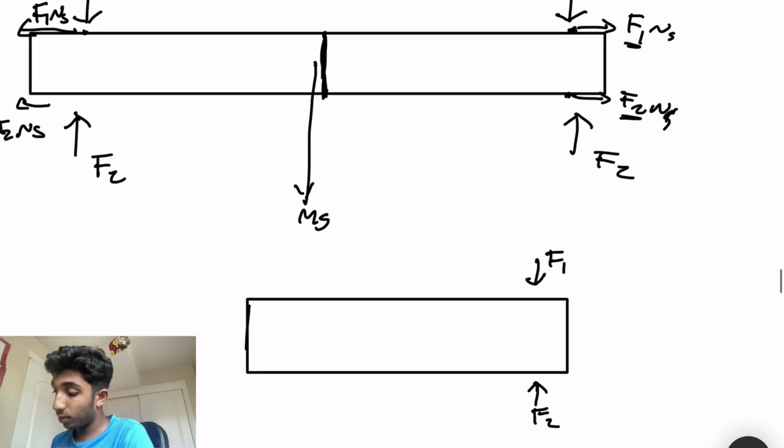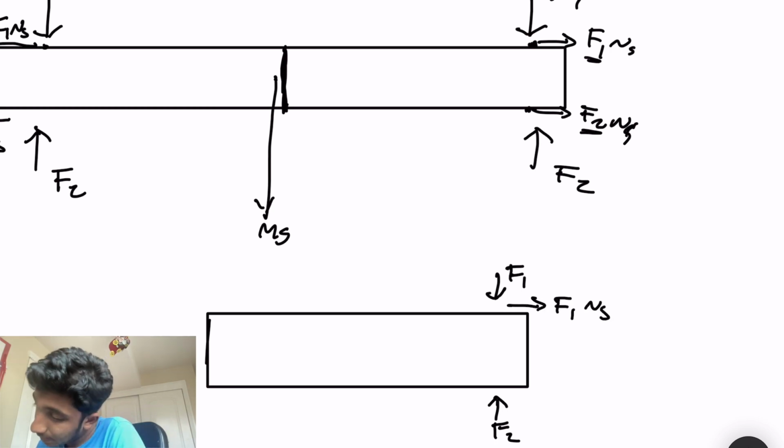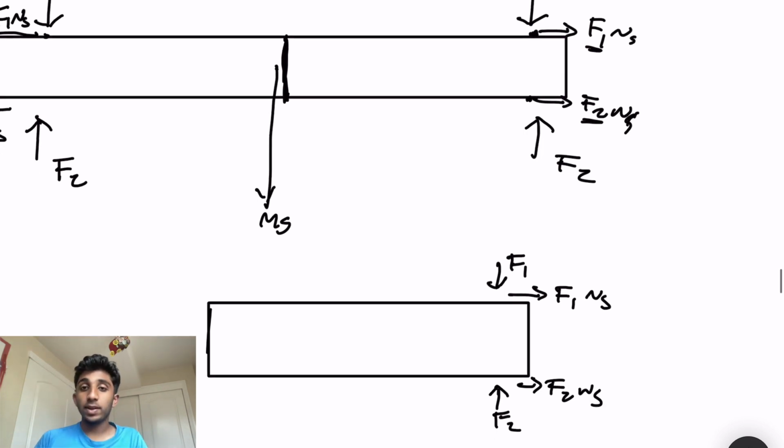So I'm just going to ignore gravity in this scenario. We'll have F1 mu s over there and F2 mu s over there. Okay, and then the force that's opposing this, we can call this Fm.